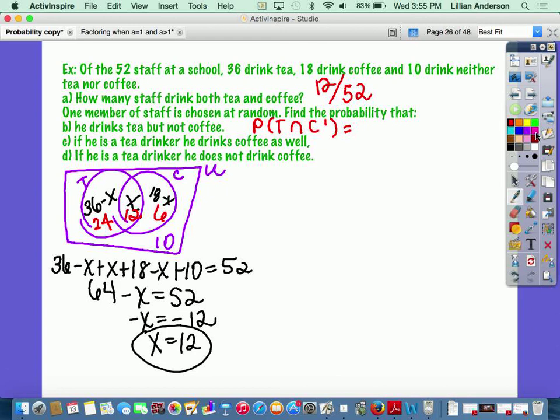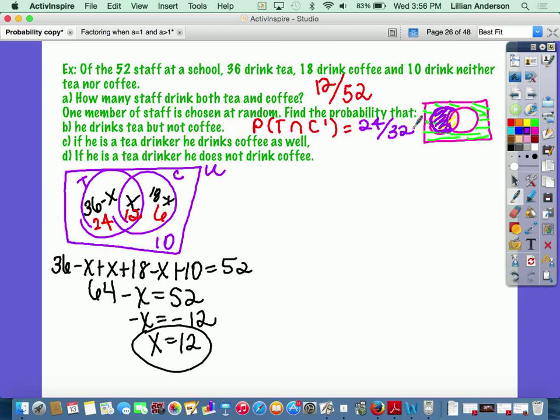If I wanted to make a quick little sketch off here to the side, there's my tea, there's my coffee. So I'm looking for the intersection between tea and not coffee. So the green represents not coffee, the yellow represents tea, and so the intersection will be right in here. That's what I'm looking for. And so then that will be a total of 24 out of 52, okay?